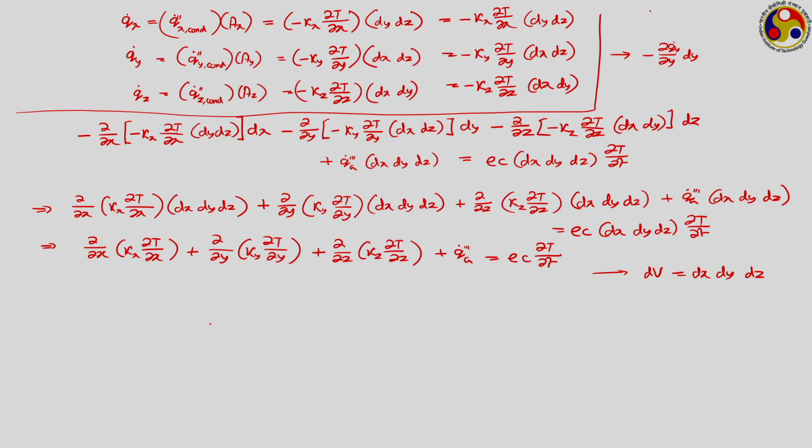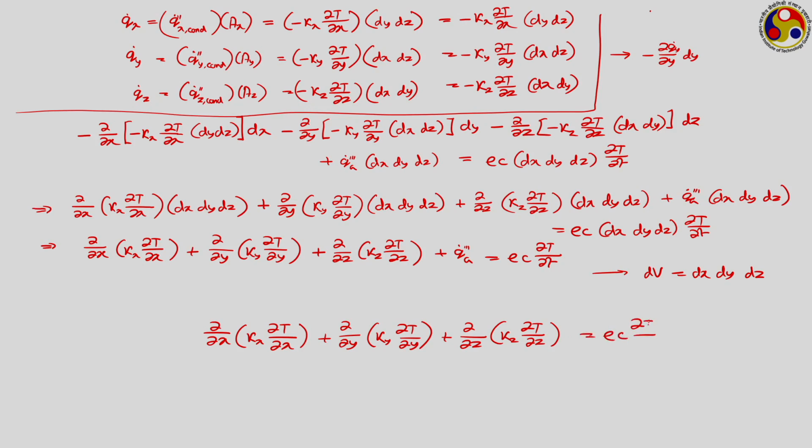So, if we write it again, the most general form of the heat diffusion equation comes to be dou x of kx dou T dou x plus dou y of ky dou T dou y plus dou z of kz dou T dou z plus qg triple prime is equal to rho c dou T dou t.